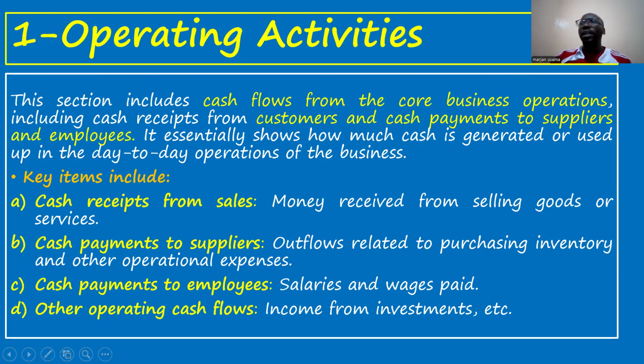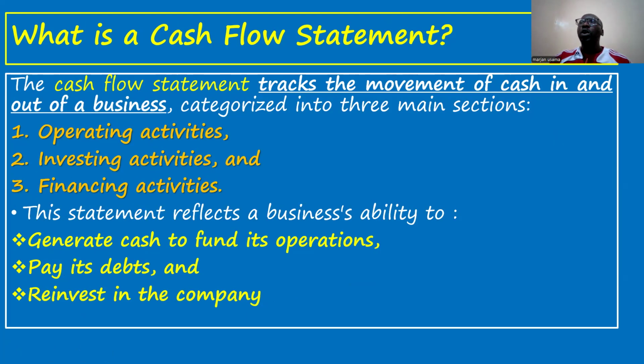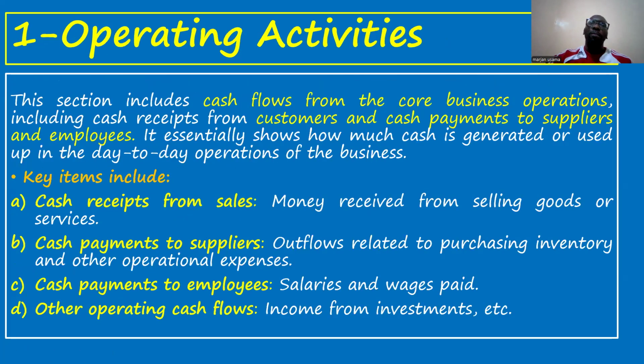Now, how many activities are there? There are three activities, so let us start by explaining each of them. Number one, the operational or operating activities. What are these? This section of the cash flow statement includes cash flow from the core business operations, including cash receipts from customers and cash payments to suppliers and employees.